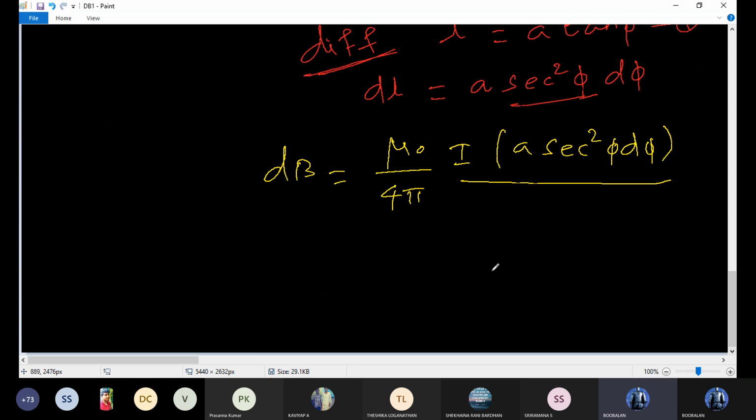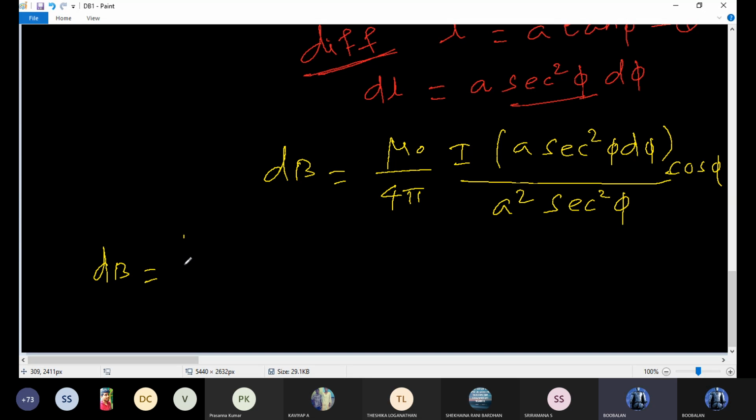So you will get A square secant square phi. Next is the sin theta value, that is cos phi. Now secant square phi cancels. A square is there, here also A is there, then you will get only A.